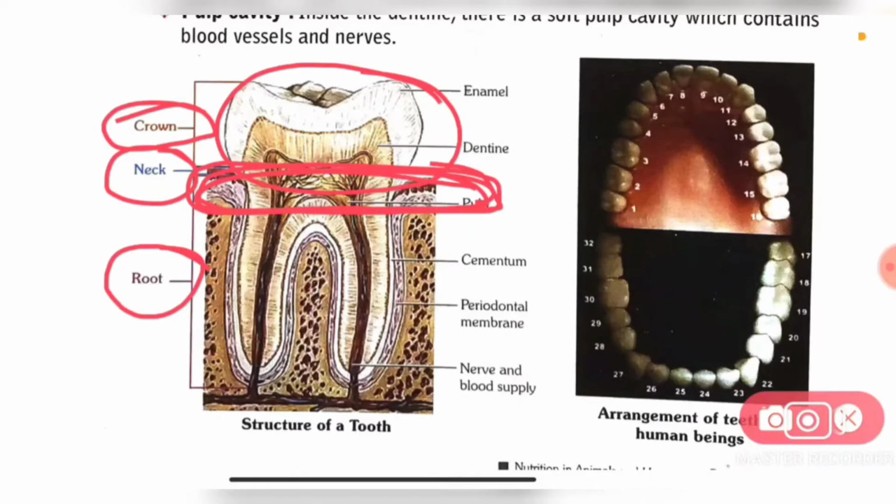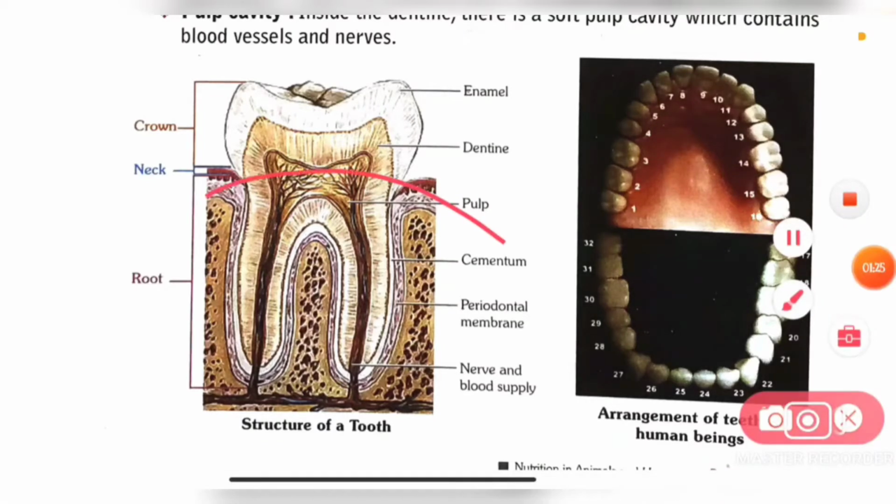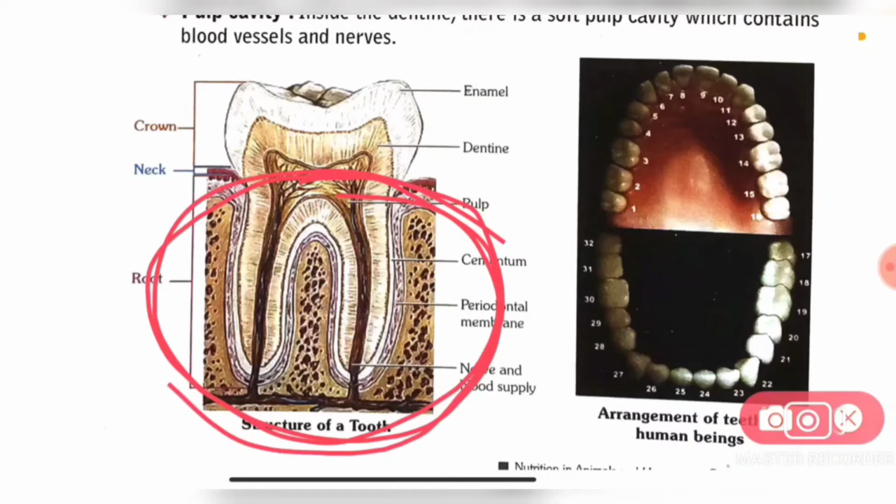And the next part is the root part, which is the under part of the teeth and it is situated in the gum. এটা কিন্তু বাইরে থেকে দেখা যায় না, we cannot see this part from the outside. It is inside our gum, or it is embedded into the jaw.